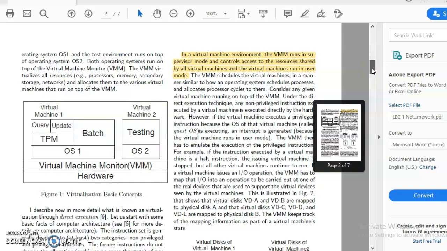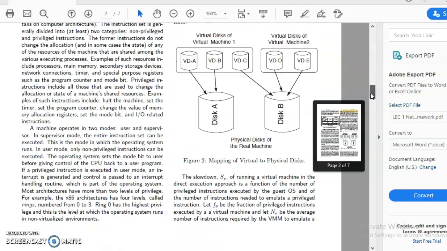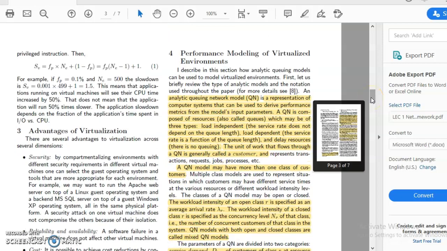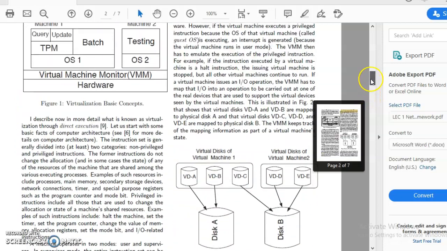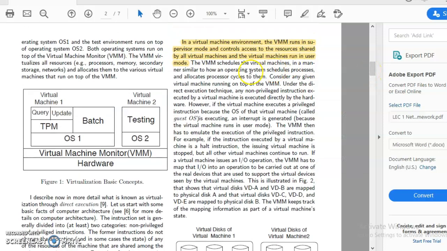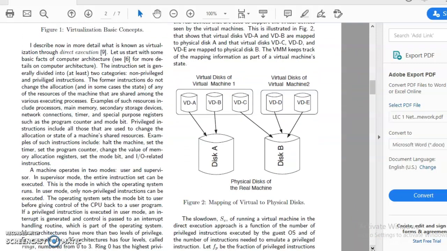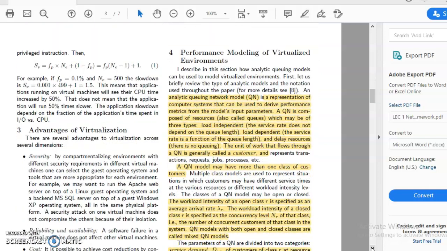So what are the two types of instructions? We will come to it later, but just now we can just know that the virtual machines usually run in user mode. Okay, this is another diagram of a virtual machine.